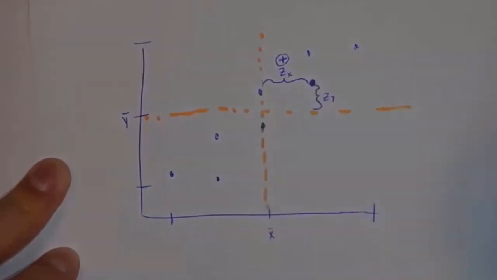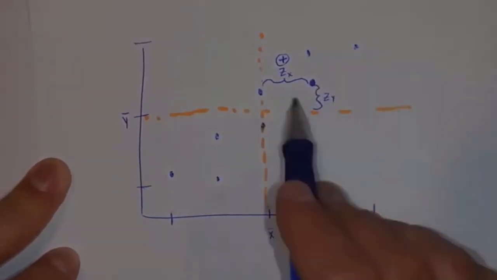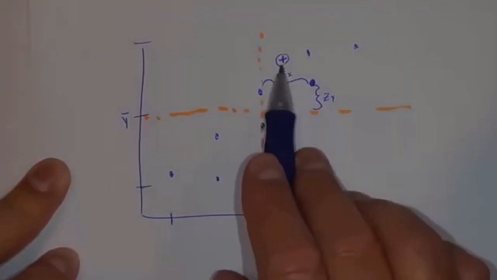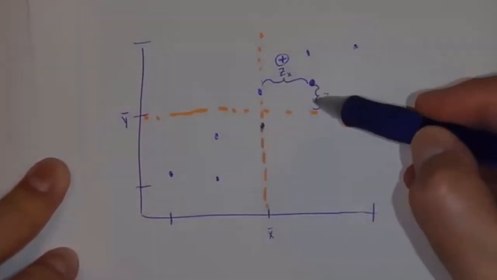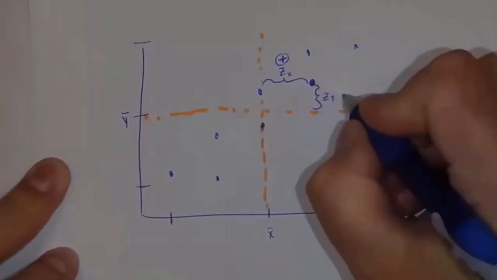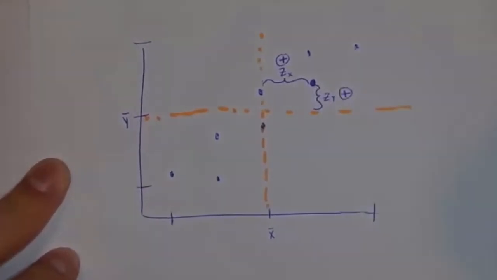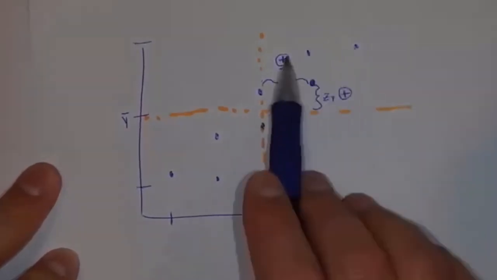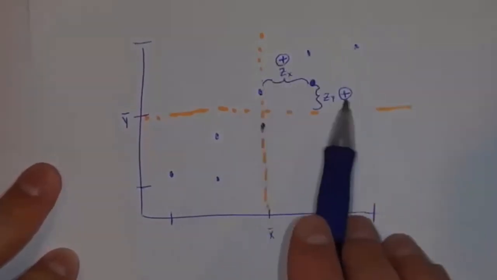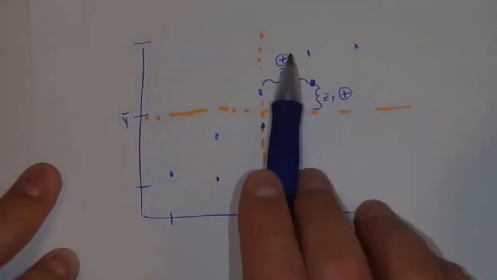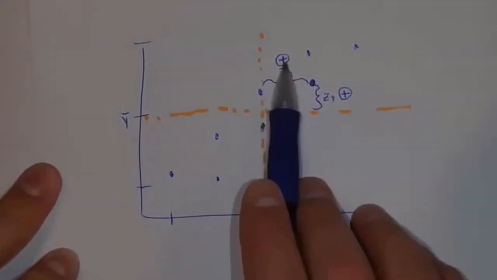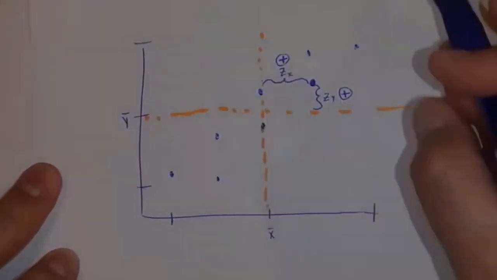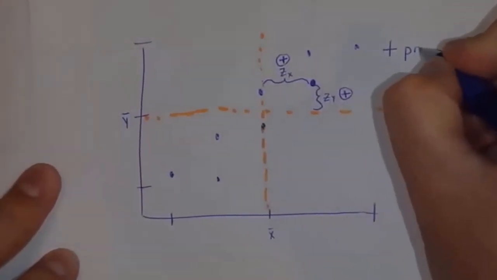When I take the point minus x bar, divide by s, that's going to be positive. Likewise, because this point is above y bar, the z-score for y would be positive. All of the points up here will have positive z-scores for both x and y. So when I multiply the positive z-score for x times the positive z-score for y, that's going to give me a positive product.